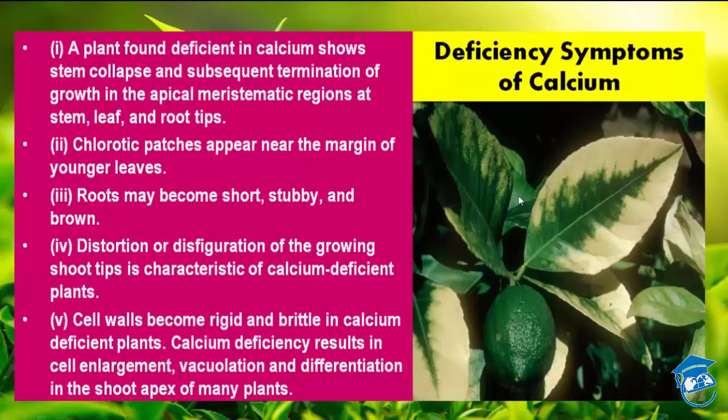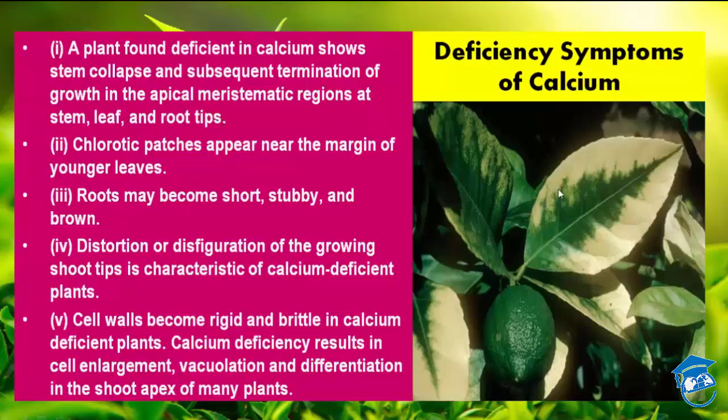As you can see, this is a plant deficient in calcium. A plant deficient in calcium shows stem collapse and subsequent termination of growth in the apical meristematic region at stem, leaf or root tips.